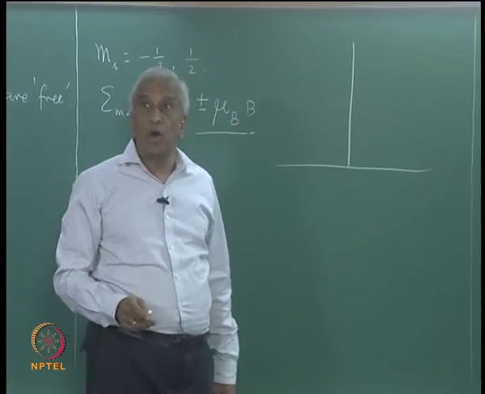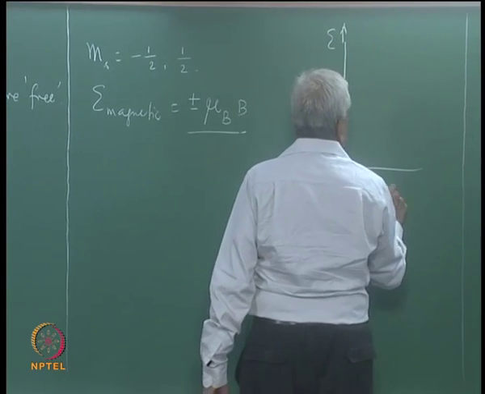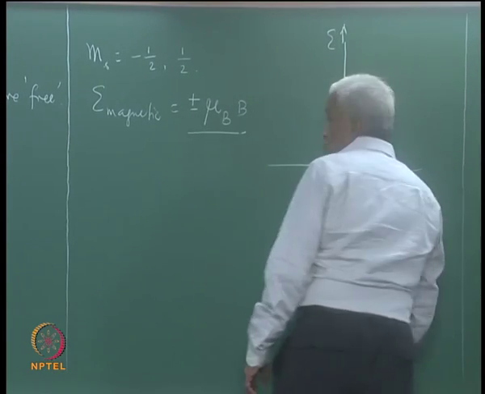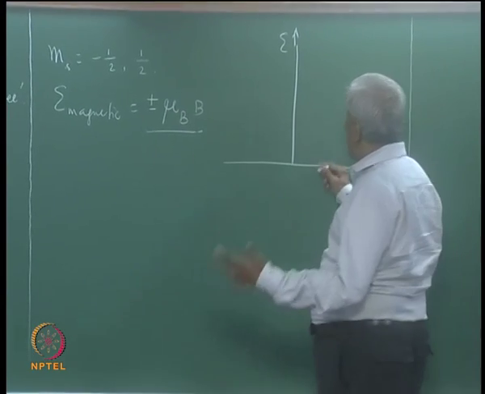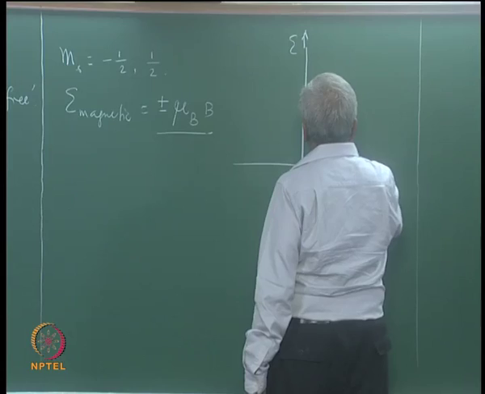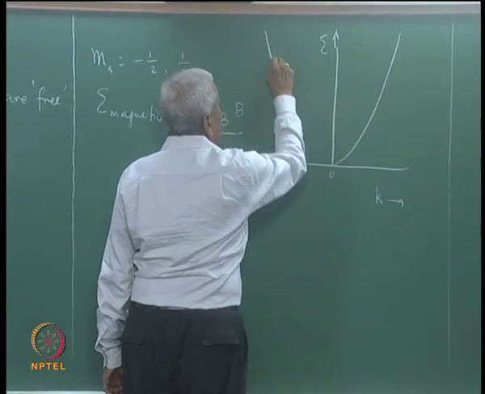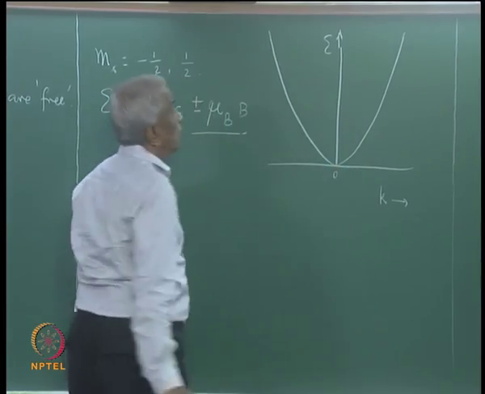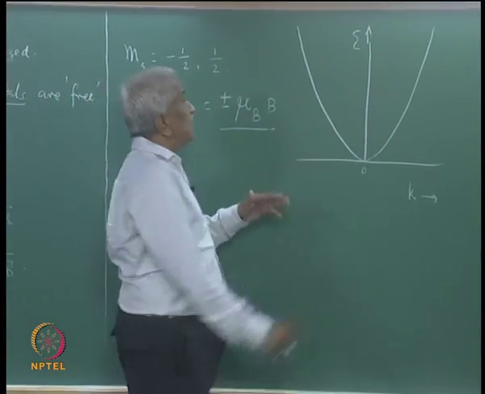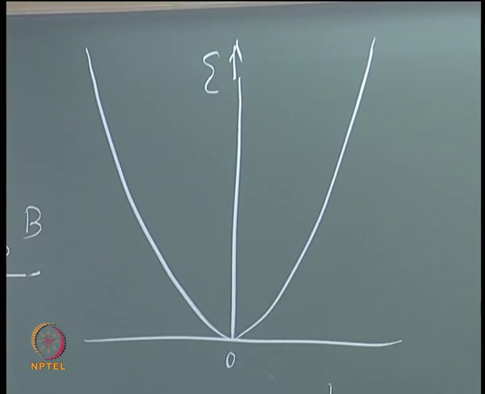So, we just plot E versus k, but we conveniently split the band into 2. So, this is 0. In the positive case we have a parabolic energy dependence as we know already, and this is so on both sides. So, these are the 2 spin sub bands corresponding to m_s equal to minus half and plus half.